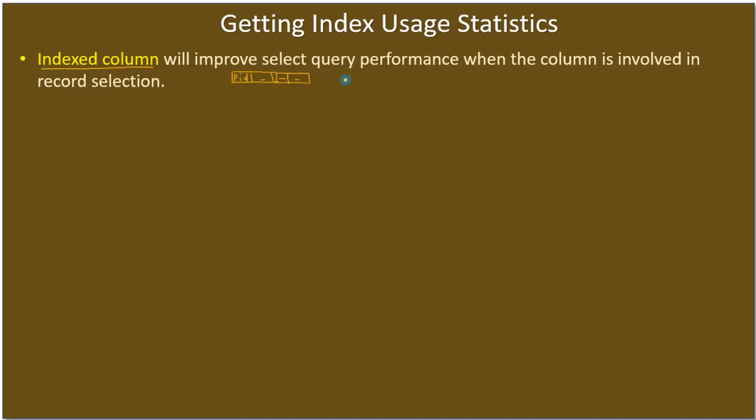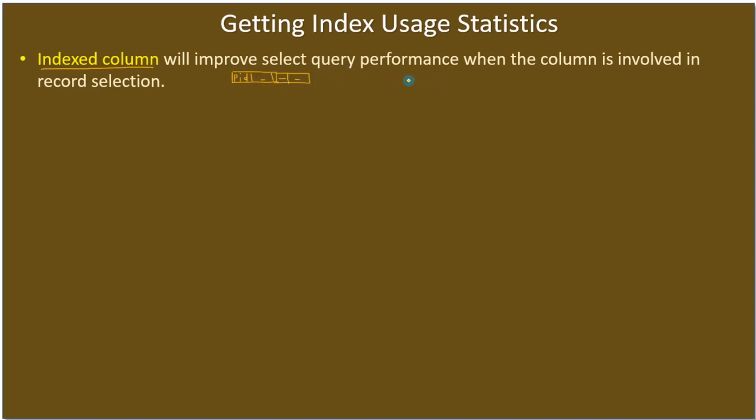And when your record selection makes use of this particular indexed column, say, for example, select col1, col2, col3 from product where PID equal to something, this index will be used.